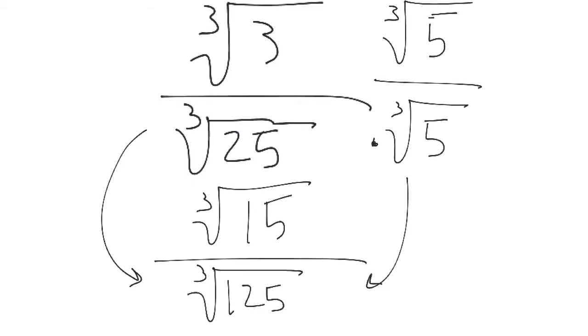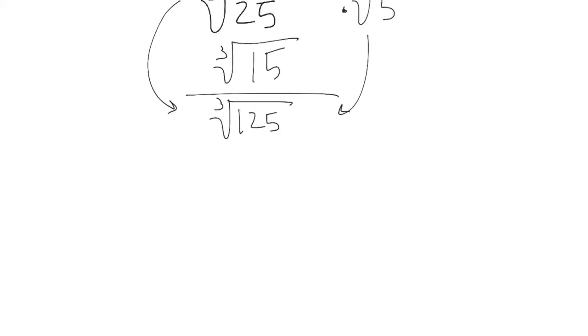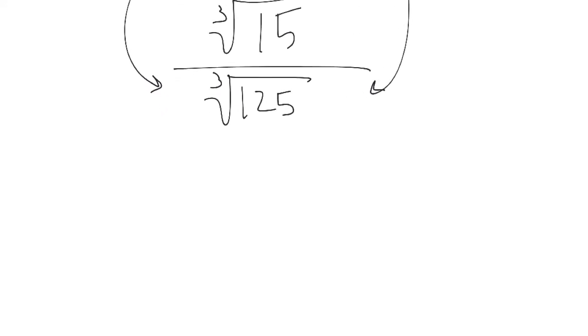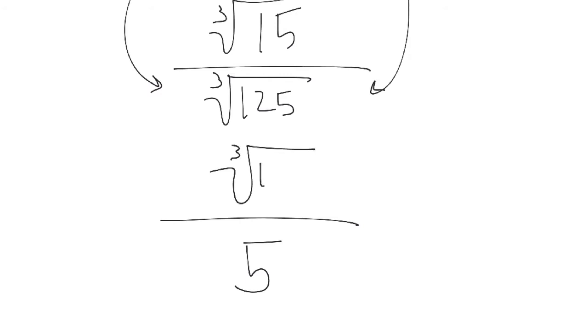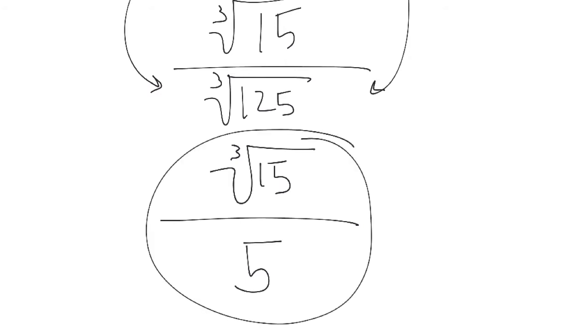Great. Now the denominator simplifies to just 5, and the numerator is the cube root of 15. And that is our answer. The denominator has been rationalized.